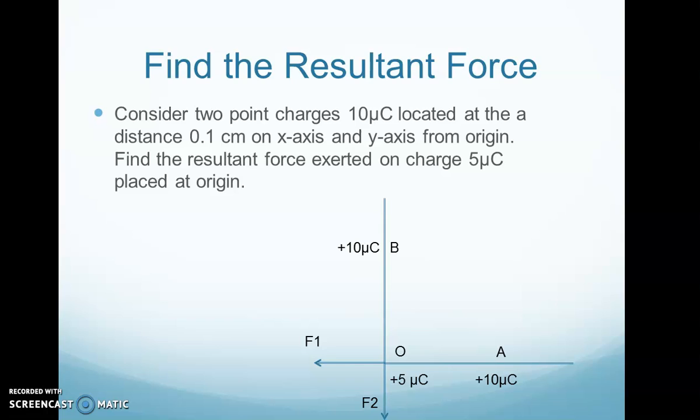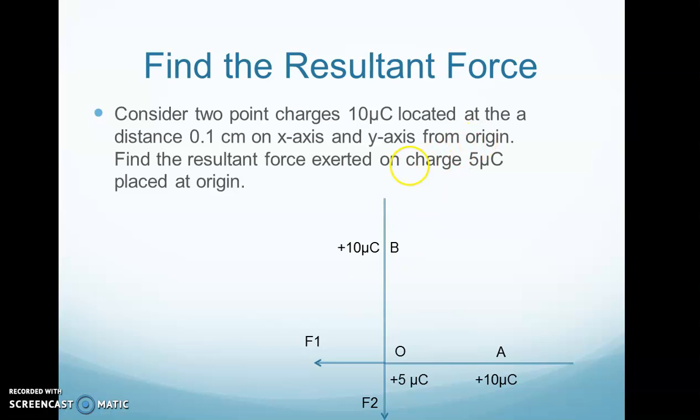Consider 2 point charges of 10 microcoulomb located at a distance of 0.1 centimeter on the x-axis and y-axis from the origin. So there are 2 point charges, plus 10, and the distance from O to A and O to B is 0.1 centimeter.